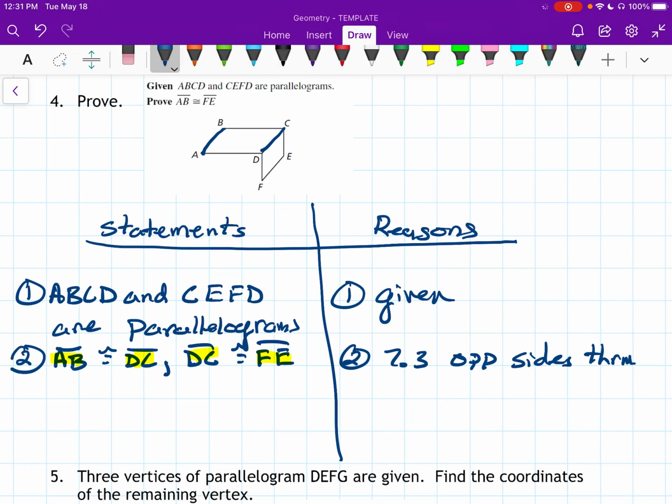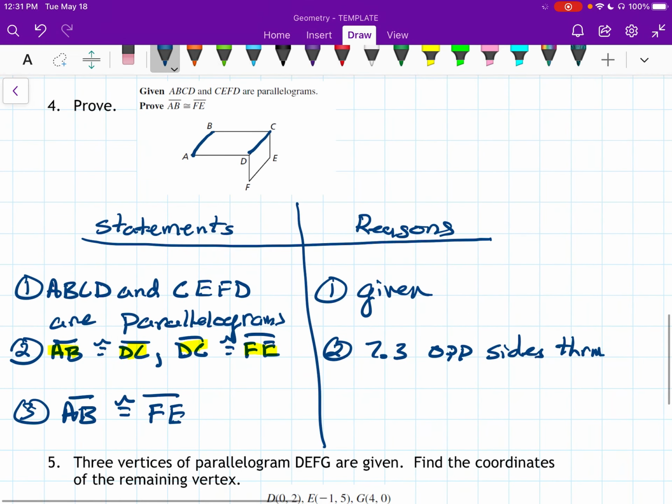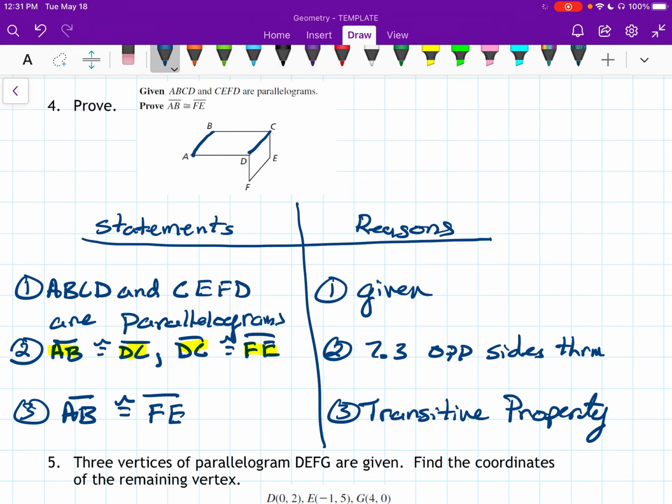So it would make sense that AB would be congruent to FE, right? I just kind of cut out the middleman there. And this is called the transitive property. All right? And this statement here, AB is congruent to FE. That's what we were supposed to prove, so we are done.